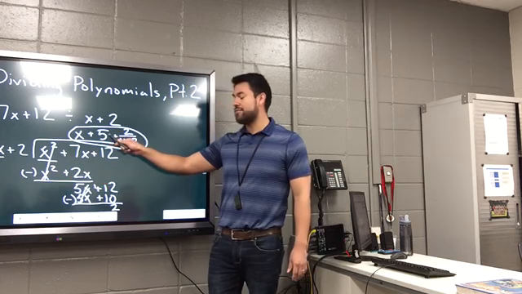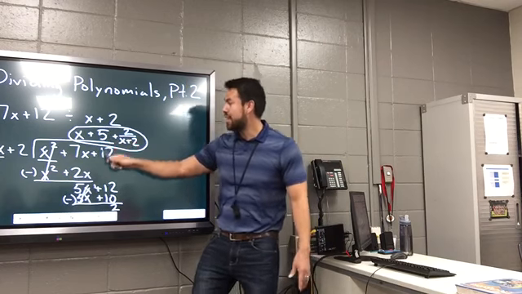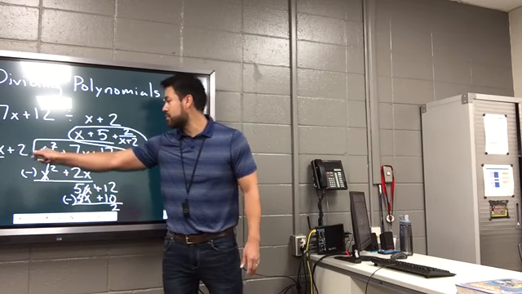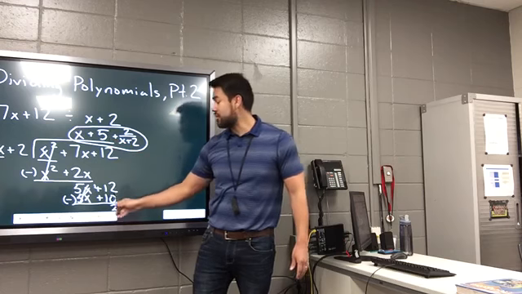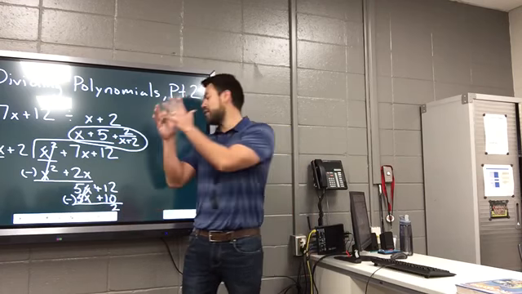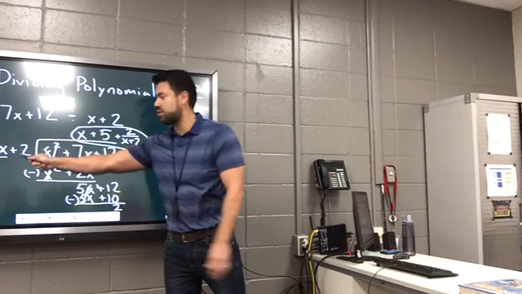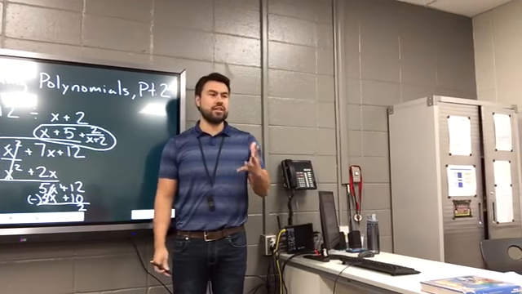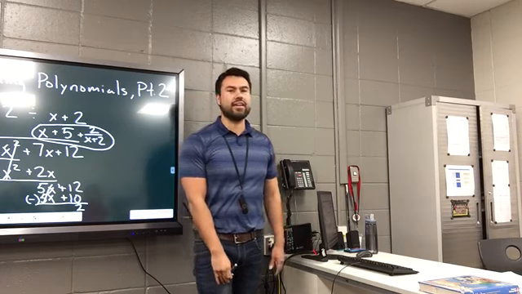And you get your 5. Technically, you did 5x plus 12 divided by x plus 2 is 5, because you get this and you get a remainder. So even though you didn't directly do 12 divided by 2 or whatever, you still kind of went through that process. It's just not clear there. And that's hard. I get it.